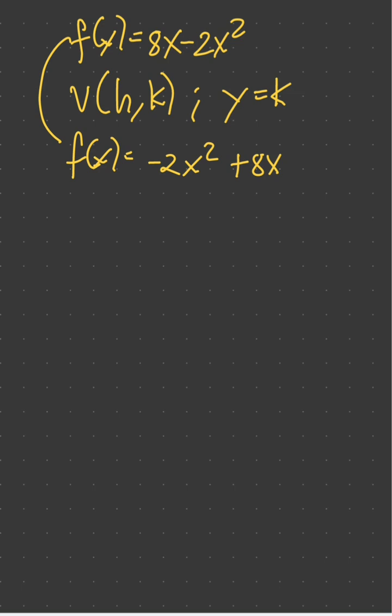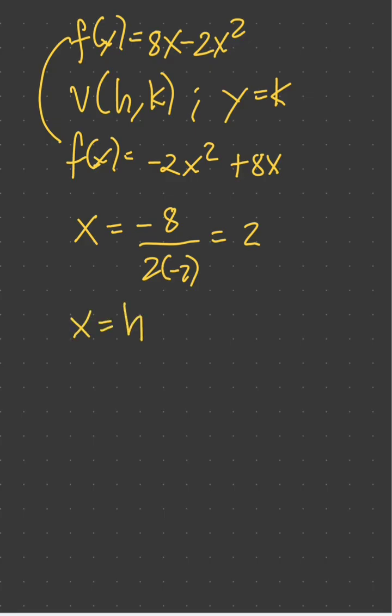We already found the axis of symmetry: negative 8 over 2 times negative 2. This is 2, right? So x is equal to h. That is the x-coordinate of the vertex, and that is equal to 2.